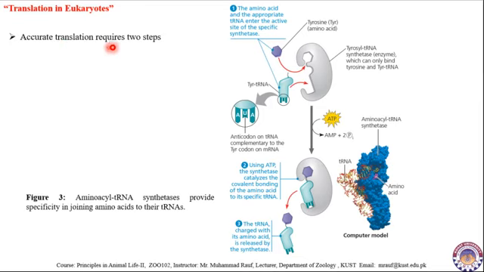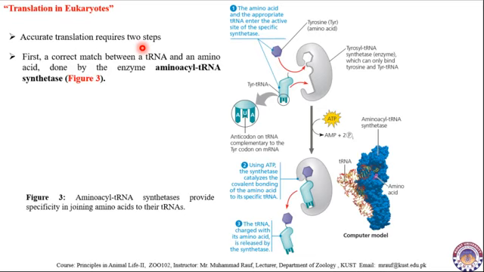Accurate translation requires 2 steps. First, a correct match between transfer RNA and an amino acid. So first the transfer RNA brings amino acids to the site of translation, so the transfer RNA must bind with a correct amino acid.